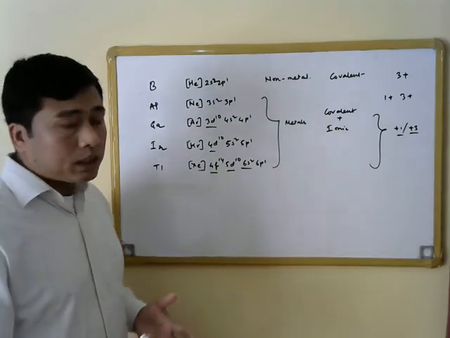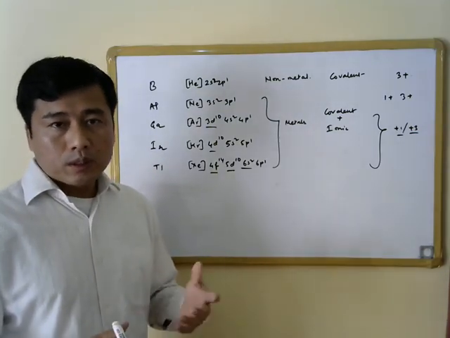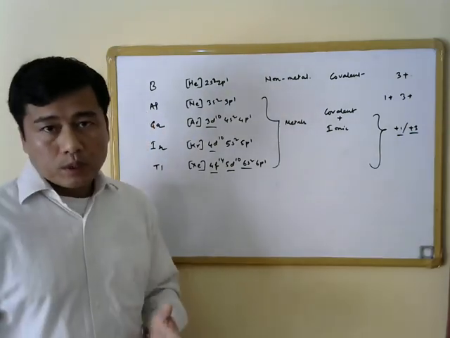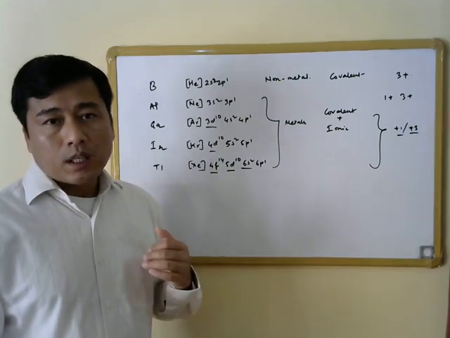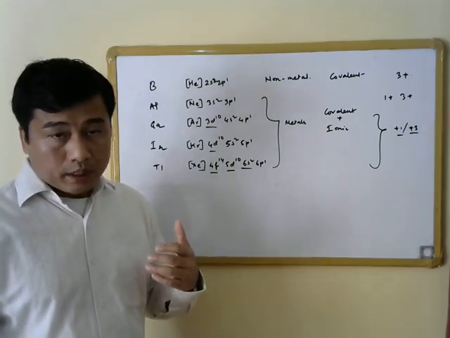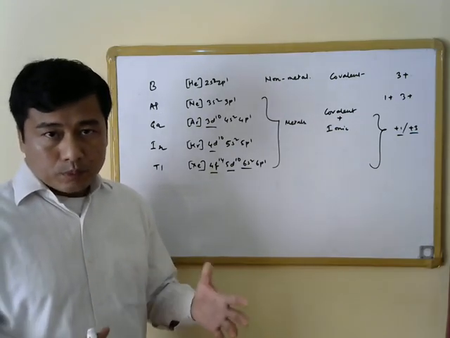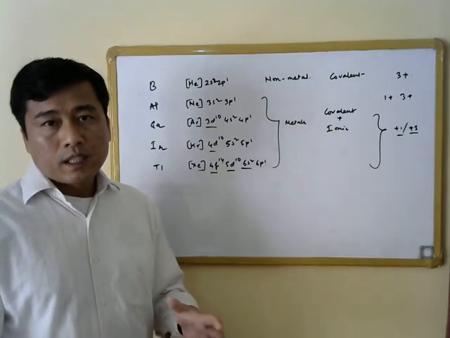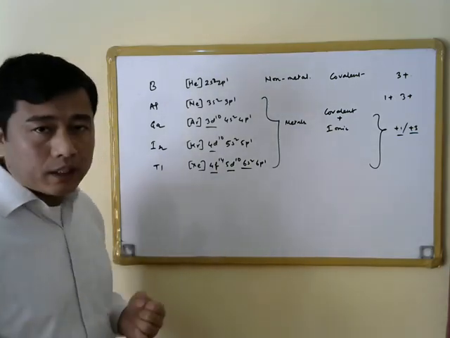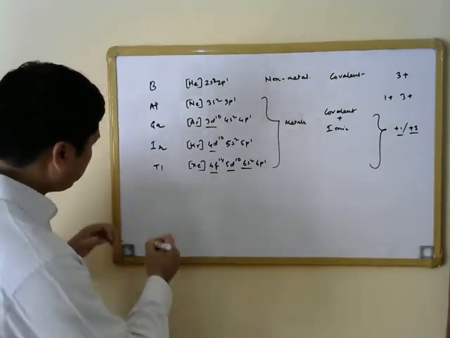If you look at the periodicity, when we study periodic properties, we know that as we go down the group, the size of atoms should increase, because we fill electrons in a higher level, and that is why the size of atoms should increase as we go down the group.